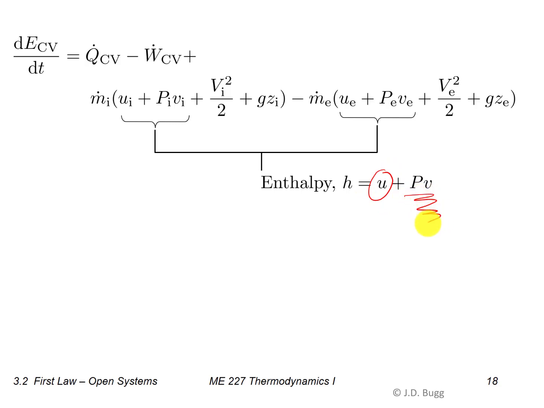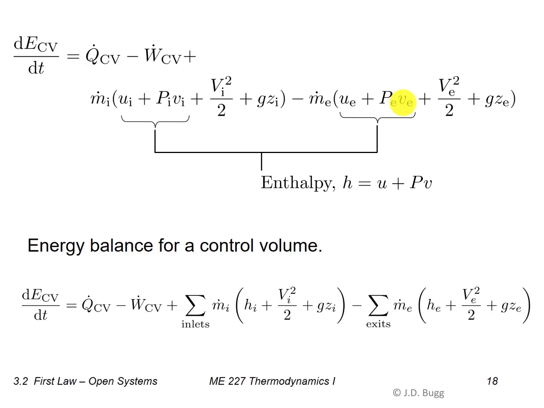So it's an extremely convenient property, because if we use enthalpy in these terms, we're simultaneously accounting for the internal energy that that material carries with it as it enters and leaves our control volume, but we're also accounting for the flow work done at the inlet and the exit. So the last thing we're going to be doing to this equation is replacing those two U plus PVs with enthalpy. And so that's what we see here.